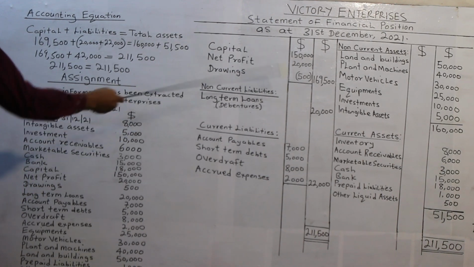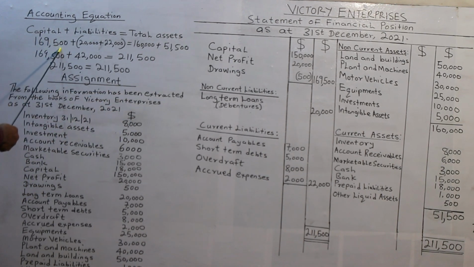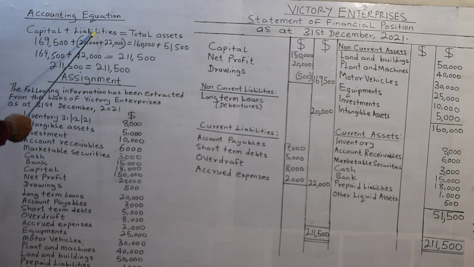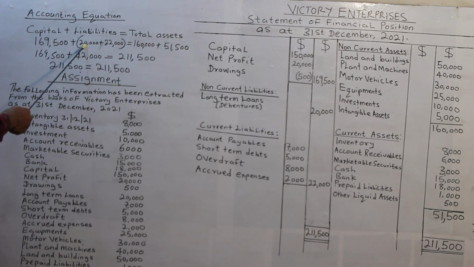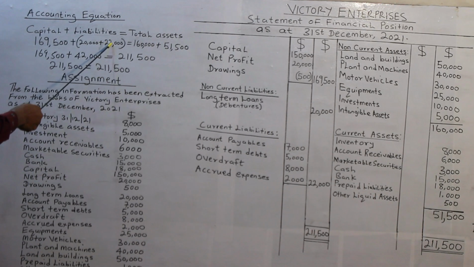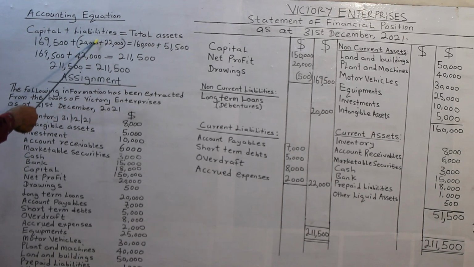So we have capital 169,500 plus liabilities, which is non-current liabilities plus current liabilities. If you add the non-current liabilities plus current liabilities, it will give you 42,000. That is 20,000 plus 22,000 gives us 42,000.